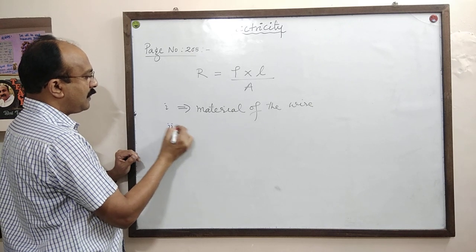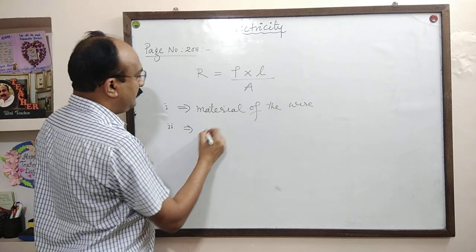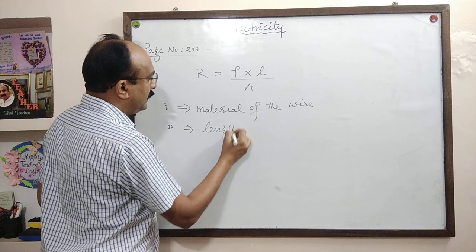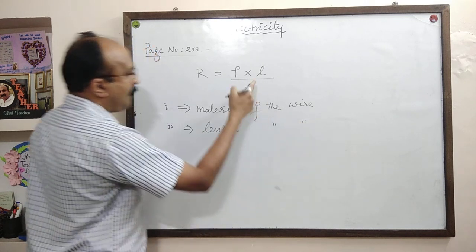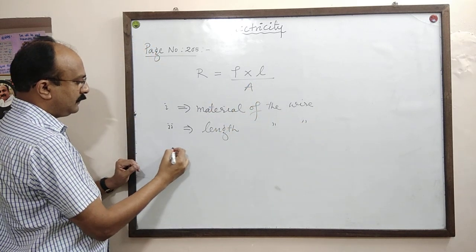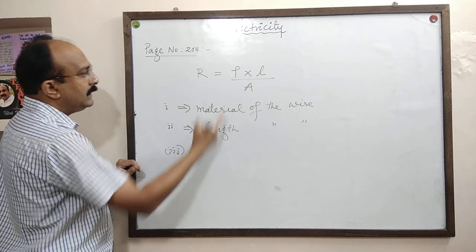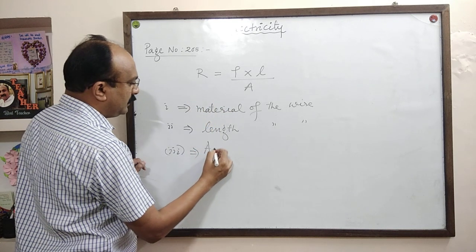Second, L. What do you mean by L? Length of the wire. Now, what is the third point?